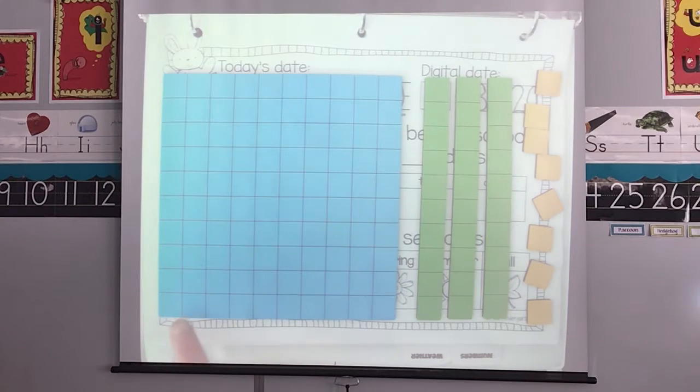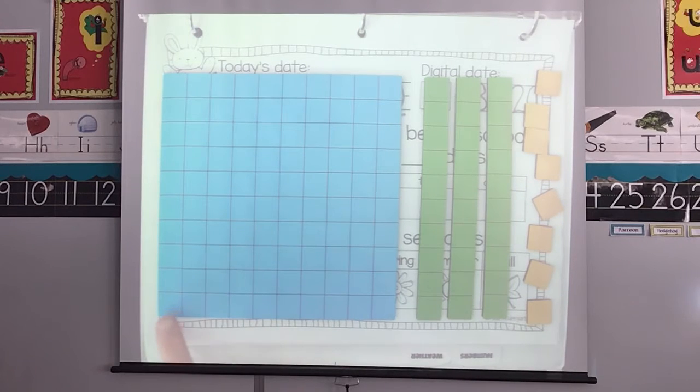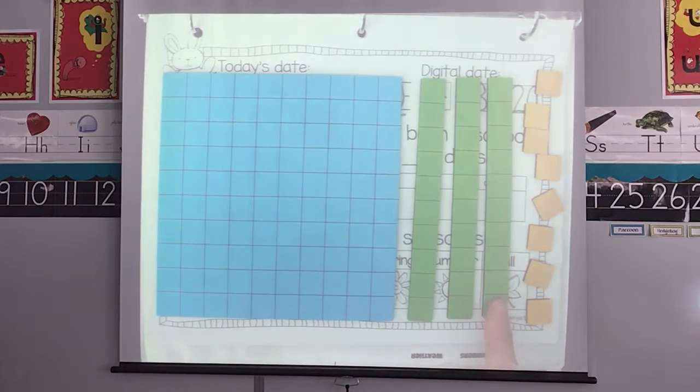And again, I'm counting just a little bit quicker, so stay with me. This is our big base 10 block. So here we go. 10, 20, 30, 40, 50, 60, 70, 80, 90, 100. Now we're going to count on from 100.